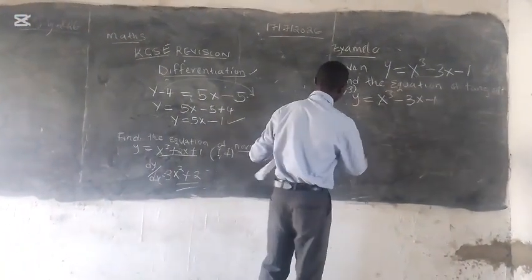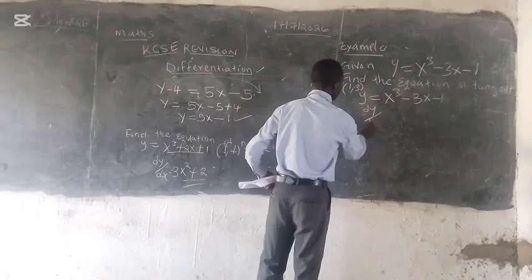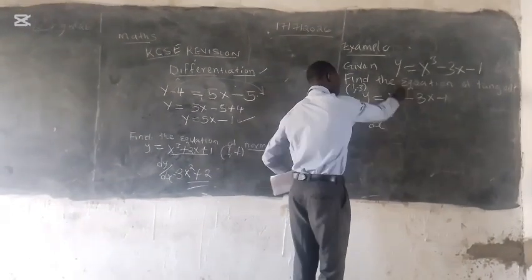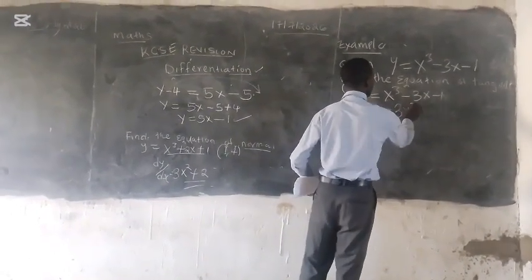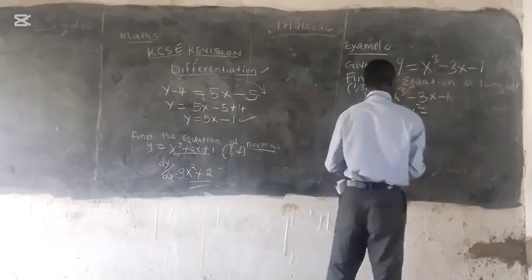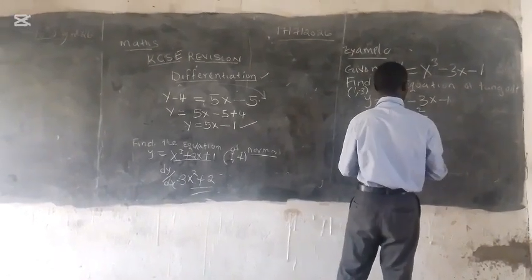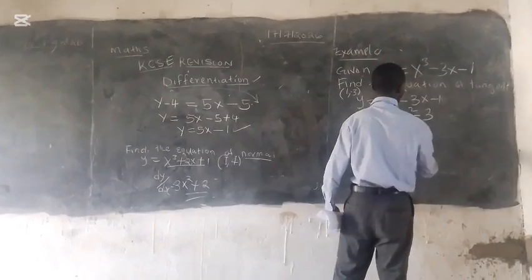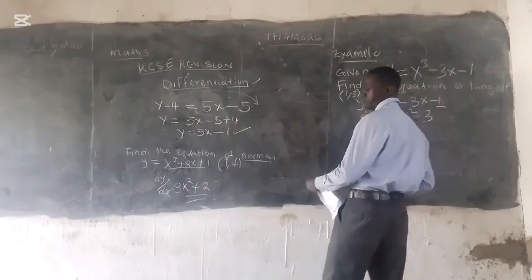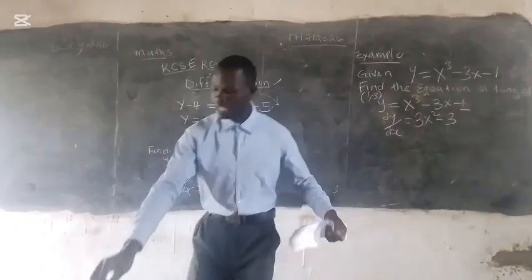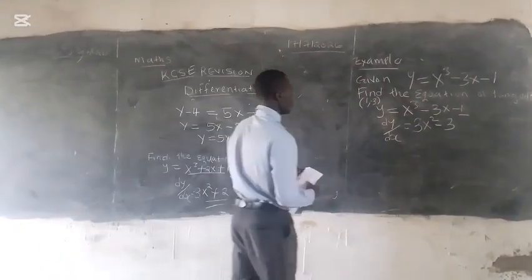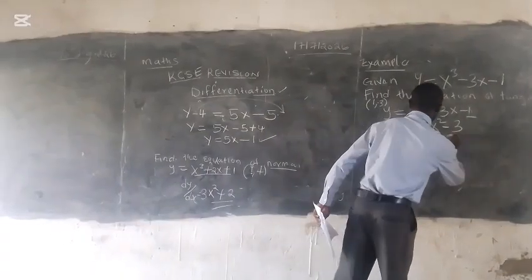Now for the gradient function we differentiate: dy/dx equals, we bring the power down, 3x squared, reduce the power by 1, therefore we get 3. This one does not have any value of x, so it remains the same. Students, this is our derivative function.